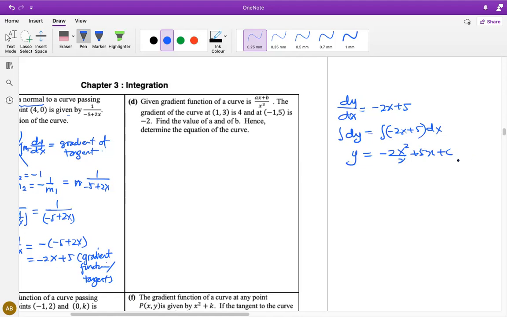If you simplify, you get y equals -x squared + 5x + c.